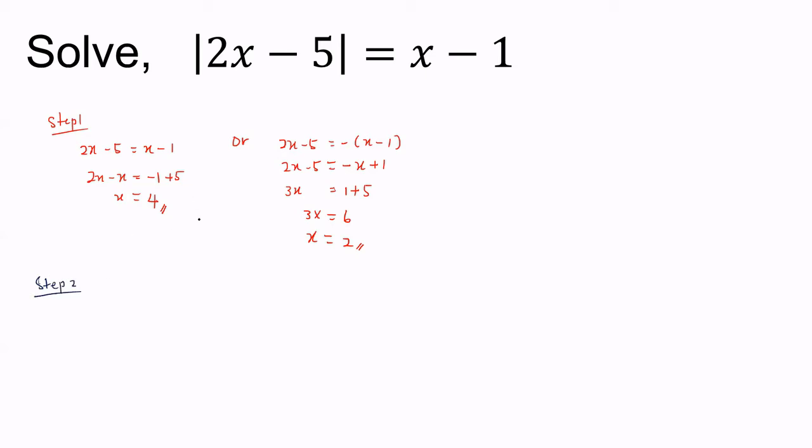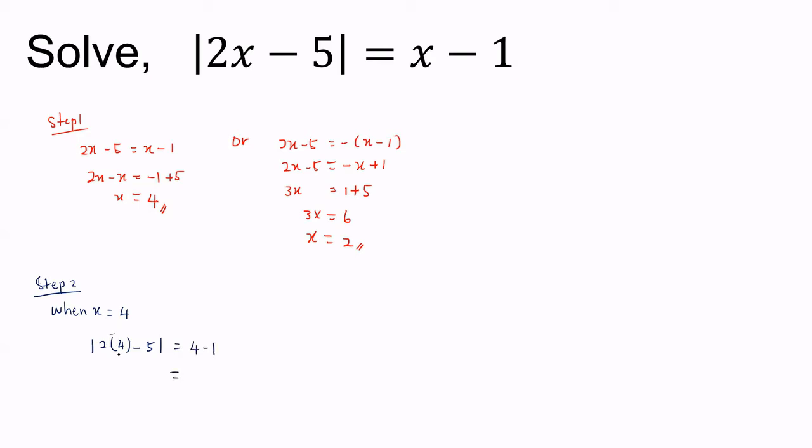So we're going to substitute the critical point. When x is equal to 4, we substitute into the absolute value equation: |2 times 4 minus 5| equal to 4 minus 1.